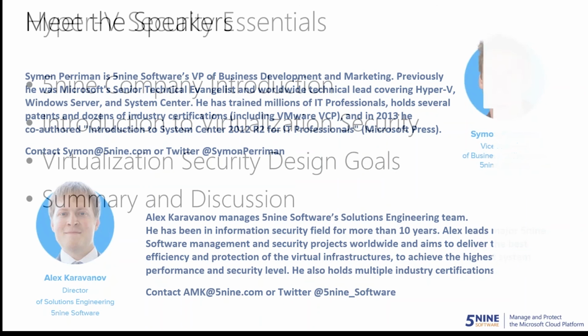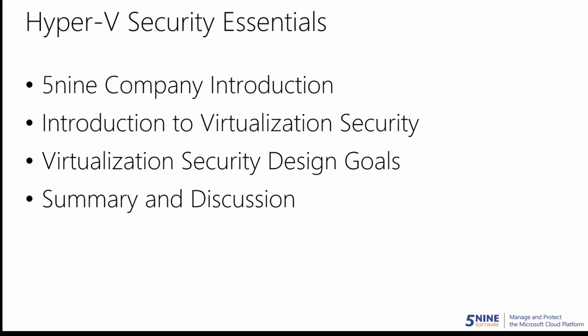So first of all, we're going to do a quick introduction to ourselves, and talk a little bit about how we've designed our security solutions. Then we're going to focus on best practices around virtualization security. First, we'll give you an introduction to the different types of threats that are out there and how they attack virtualized infrastructures, and then all the different best practices around designing your virtualized infrastructure to protect you against these common threats.